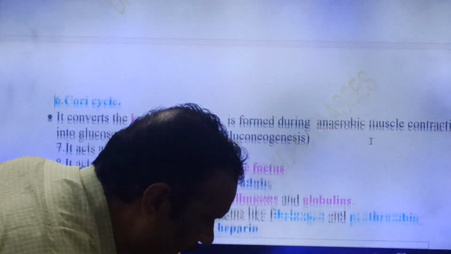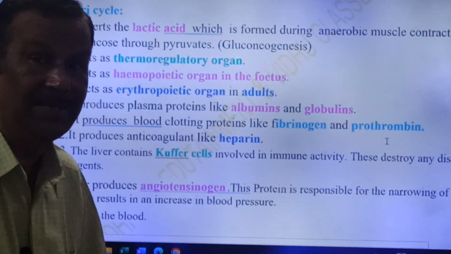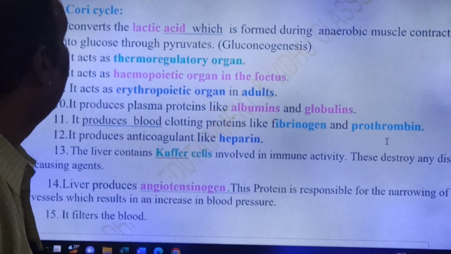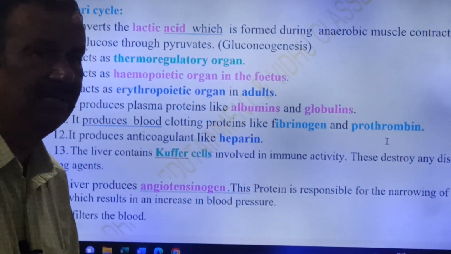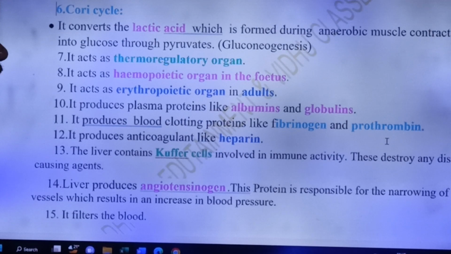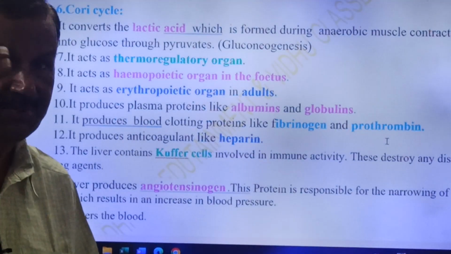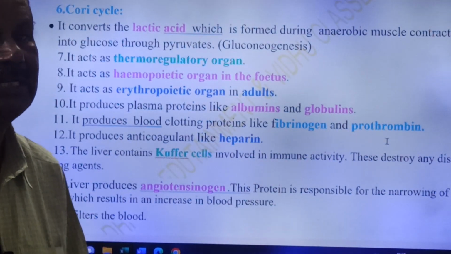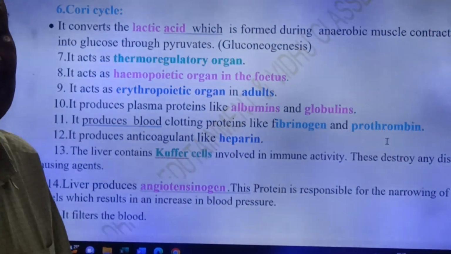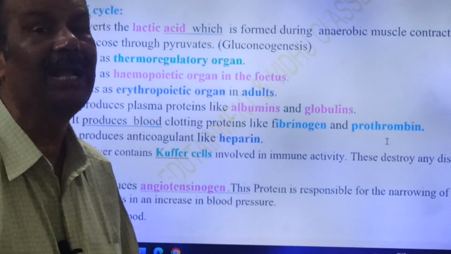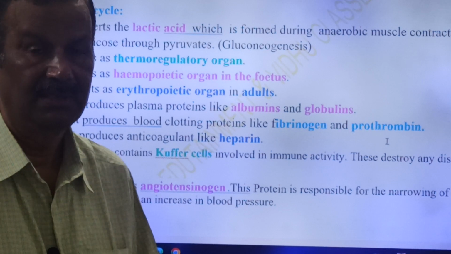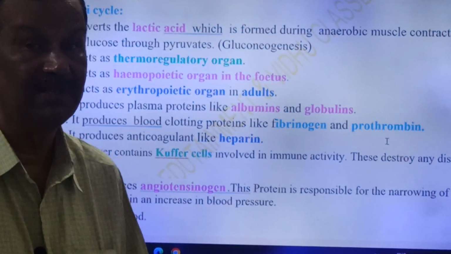Next, friends, Cori cycle. Cori and Cori. Liver converts the lactic acid which is formed during anaerobic muscle contraction. Once you recall muscle contraction, at the time of muscle contraction, the glucose is converted into lactic acid during anaerobic respiration.